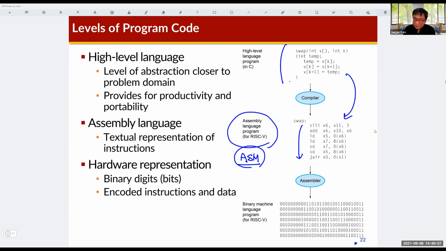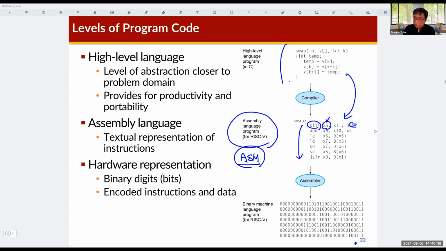Actually, these assembly instructions are represented with some commands and operands like registers or the address of the data. Okay, so if we see just the assembly code, we may understand how the code works.